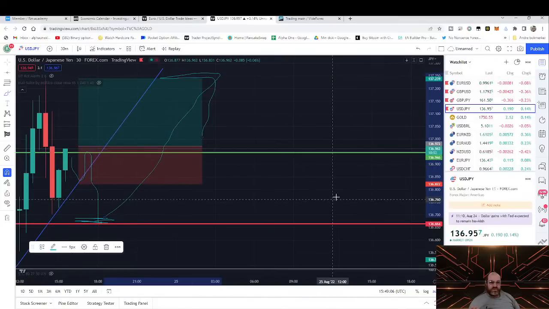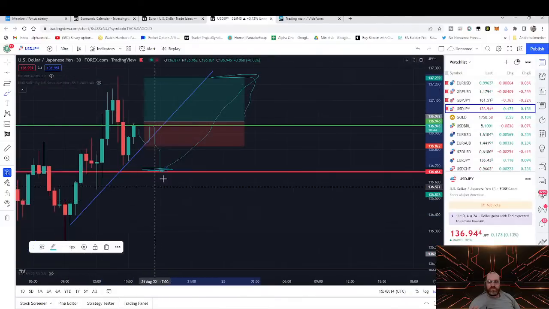So like I said, we need to wait 11 more minutes. But if we could close up in this region here, I would then take the trade and go long. But we need to break above this support you see here. So the resistance that we have at 136.946, we need to close above this line.